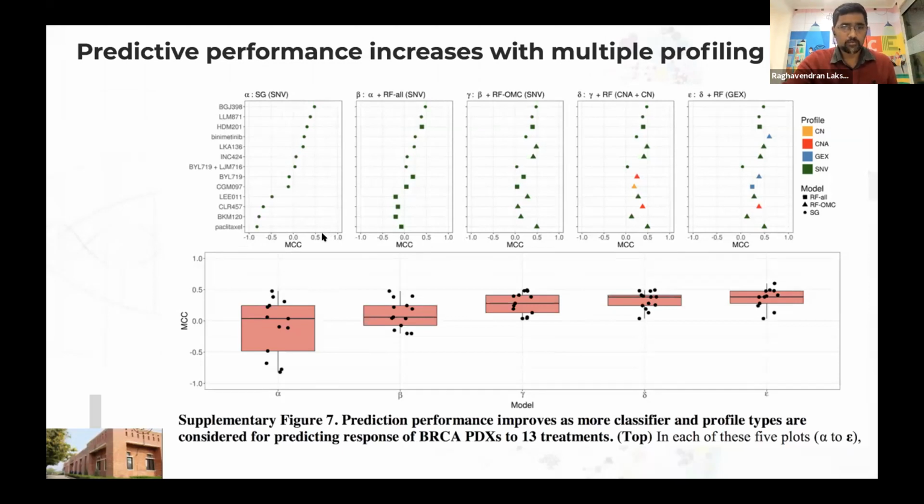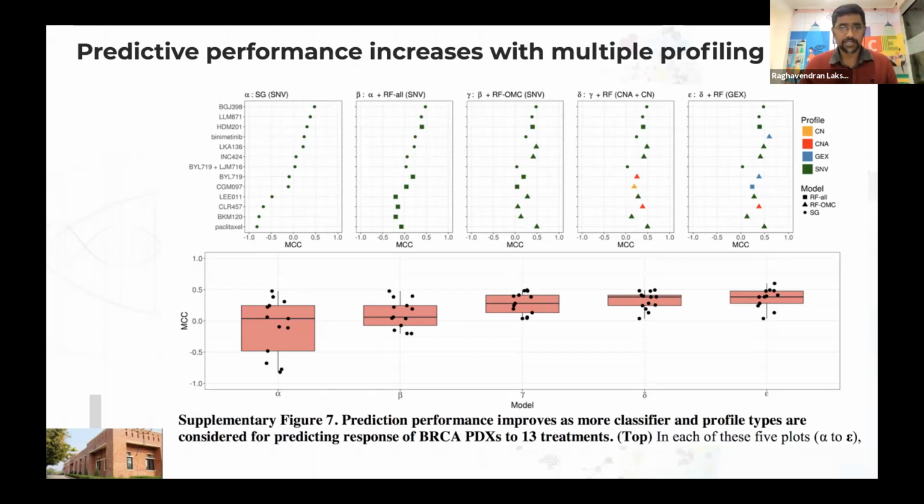And -1 would be the complete opposite. If there is a positive response, the model predicts a negative response. And around 0 would be a random response. So what we want is these data points to move more towards 1, so that we get better accuracy of our machine learning model.